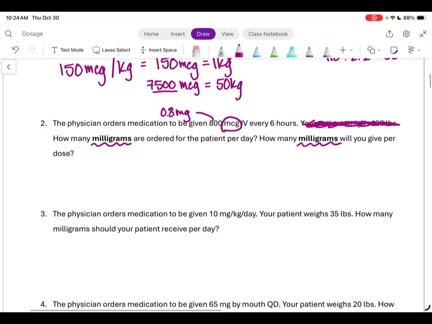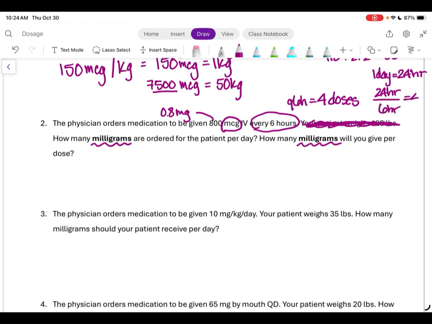Now, if you recall, every 6 hours, Q6, is equal to 4 doses. Because one day is 24 hours, so if you do 24 hours divided by 6, you get 4. So that's how we know that it's 4 doses.